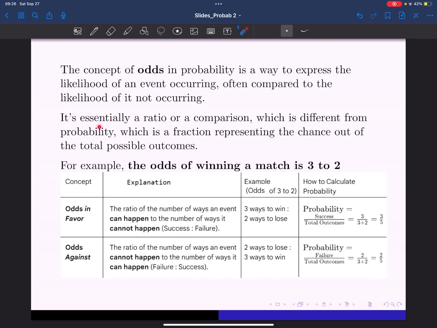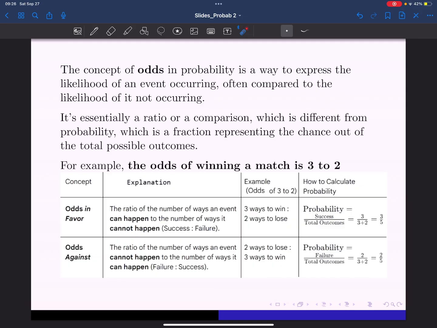The odds are essentially a ratio or a comparison, which is different from probability. Probability is a fraction representing the chance out of the total number of outcomes. For example, the odds of winning a match are 3 to 2. That means 3 is in favor of winning and 2 is to fail.